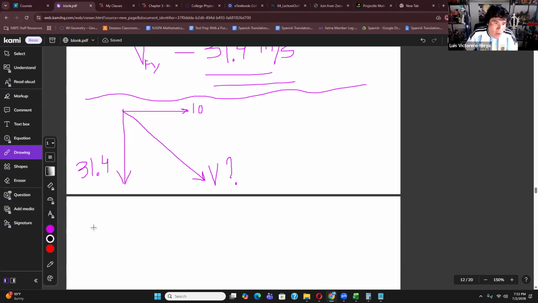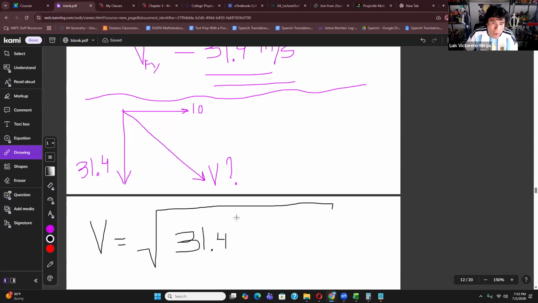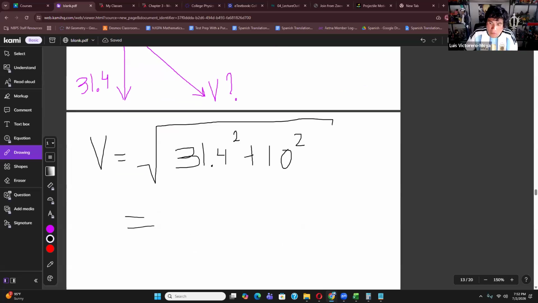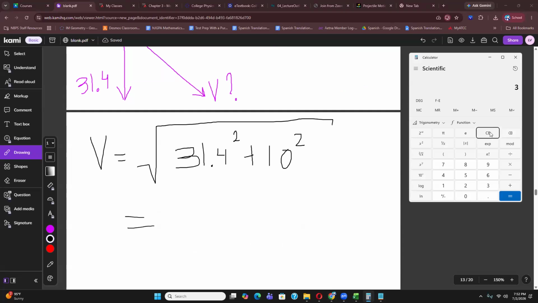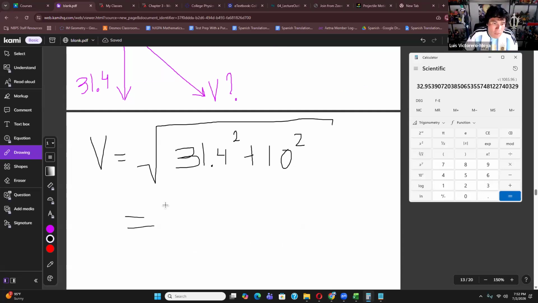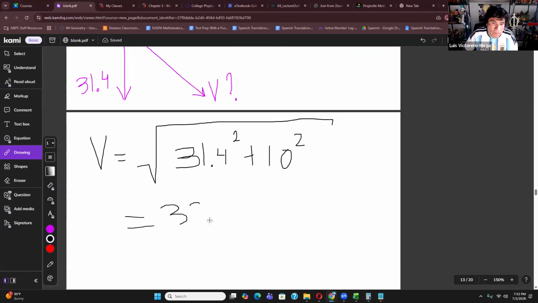Yeah. So V is the square root of 31.4 squared plus 10 squared. I got 32.95, so 33.0 meters per second. There you are.